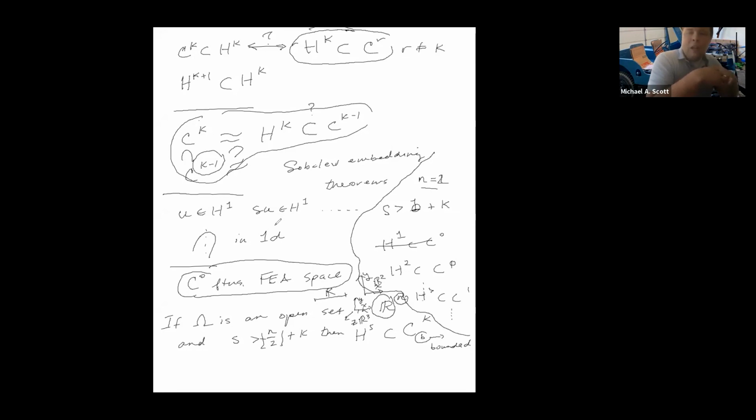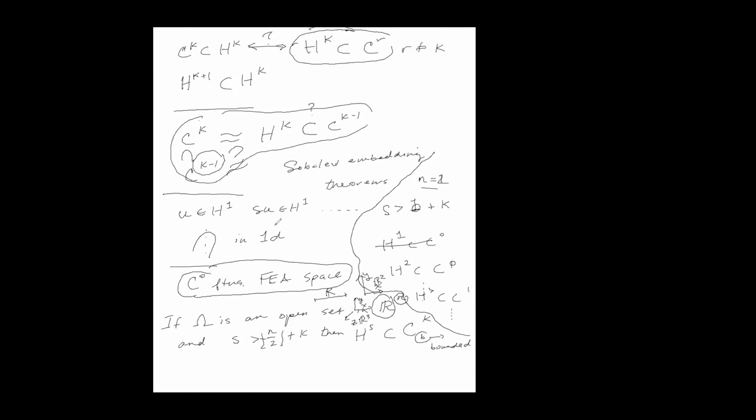But it should tell you, if you have an H1 space, a C0 finite element mesh is a reasonable place to begin. Although we'll find in finite dimensions, it may actually be better to do C1 or C2. So the K value we're getting is the minimum we need.